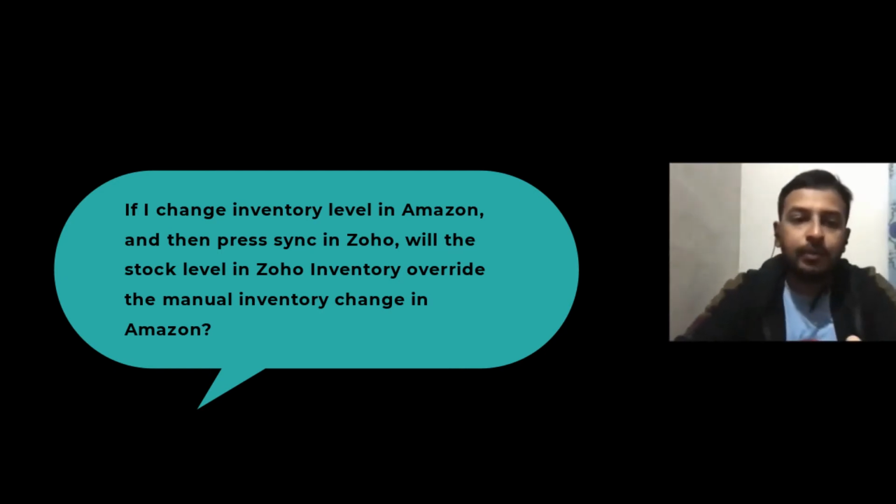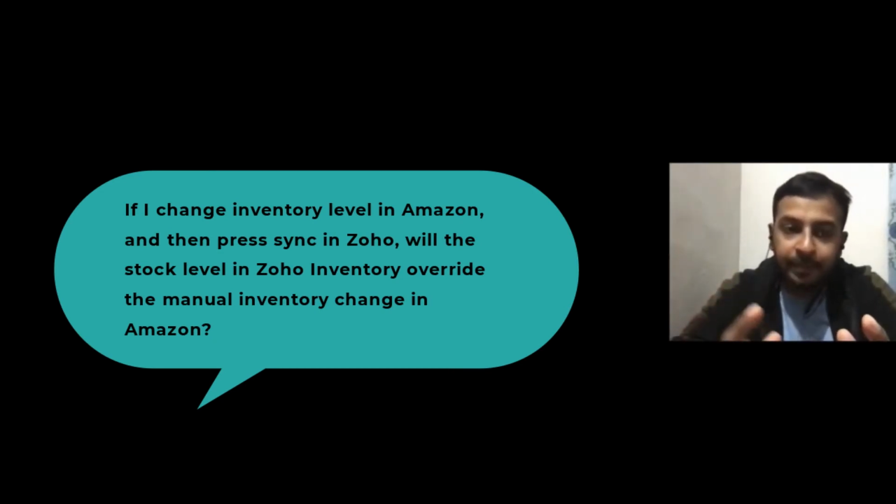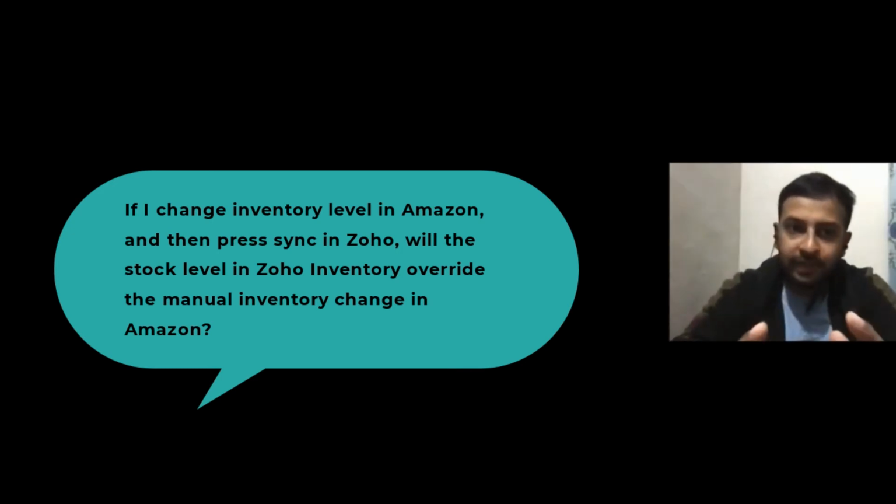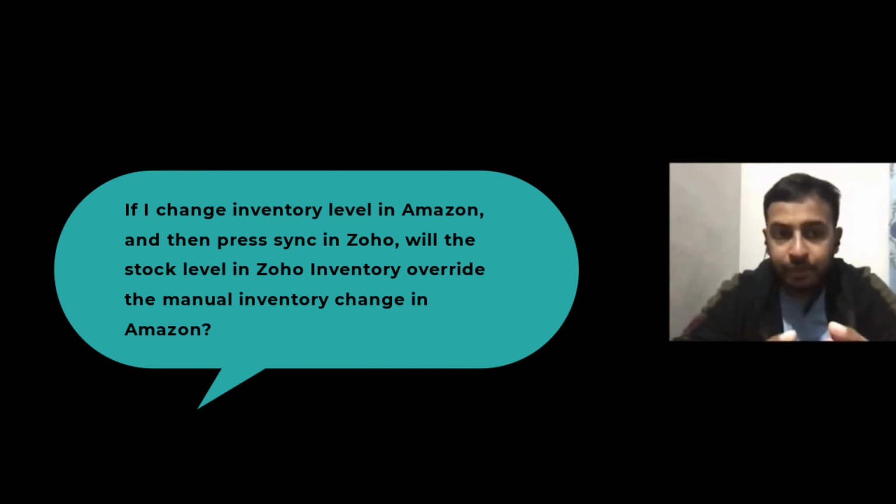If it is an FBA product, of course, the inventory is managed by the fulfillment merchant, that is Amazon itself. So they will keep the stock. That stock can be updated into your Amazon integration in Zoho Inventory. So you can click on the sync button inside Zoho Inventory and update that inventory. The difference of the stock availability will be automatically brought in, and you can find the differences over there.